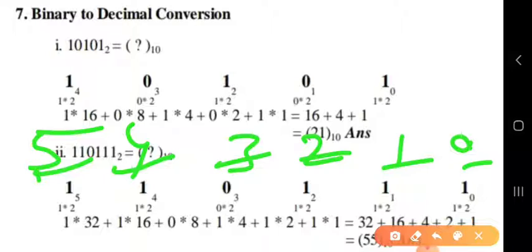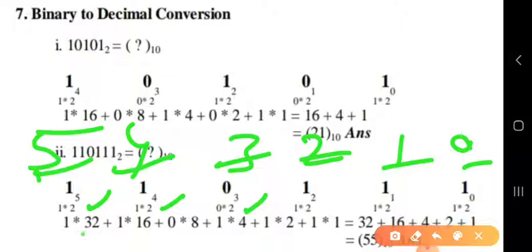In these locations, different positional weights are there: 2 to the power 0, 2 to the power 1, 2 to the power 2, 2 to the power 3, 2 to the power 4, 2 to the power 5. As I told you in the previous example, the places where 1 is there, that value will be taken out.